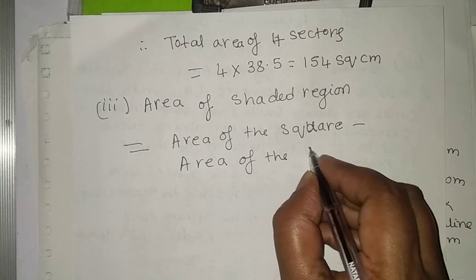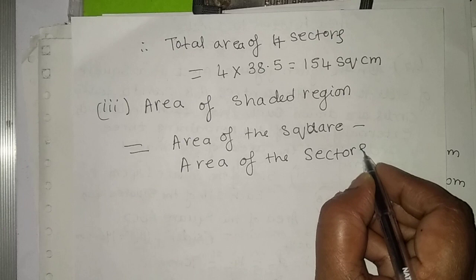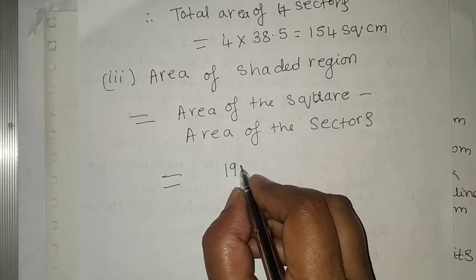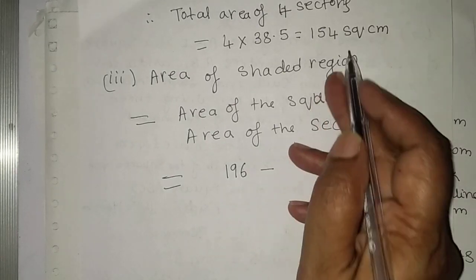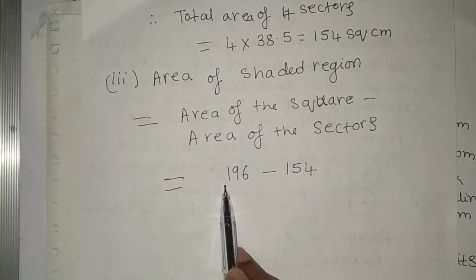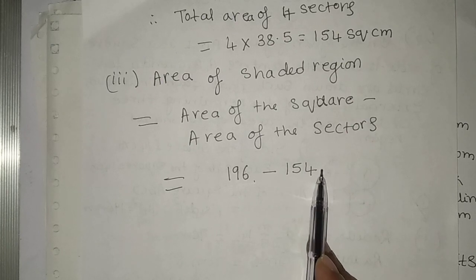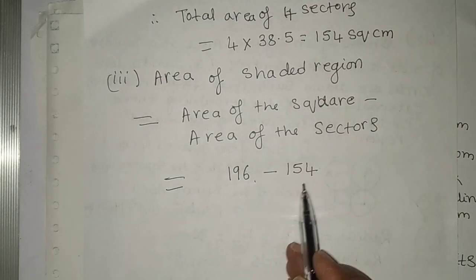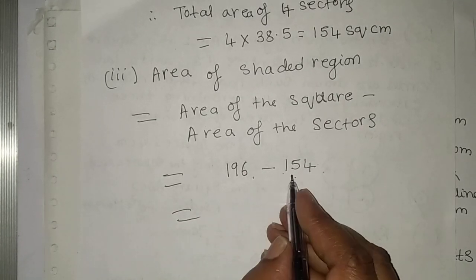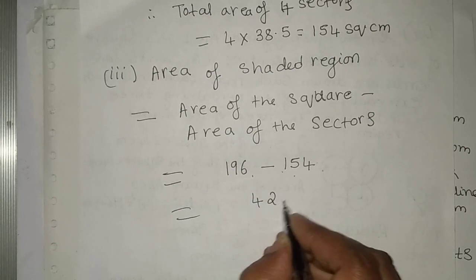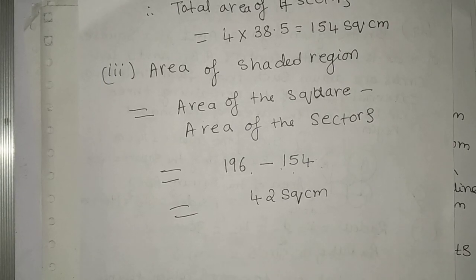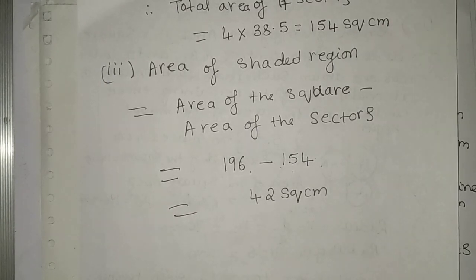Substituting, the area of the square is side into side, that is 196, minus the area of the sectors. Since there are 4 sectors, we calculate for one circle and multiply by 4. So 196 minus 154 gives 42 square centimeters. This is the area of the shaded region, that is 42 square centimeters.